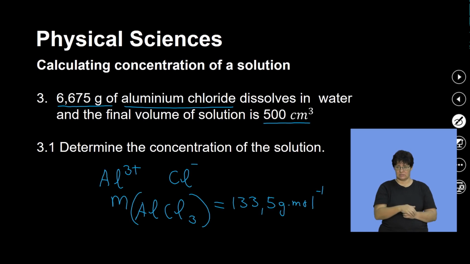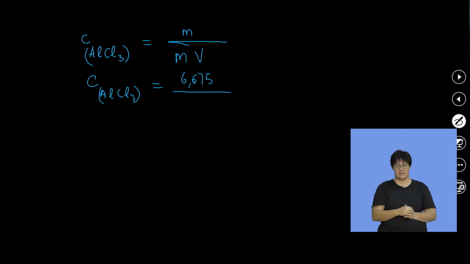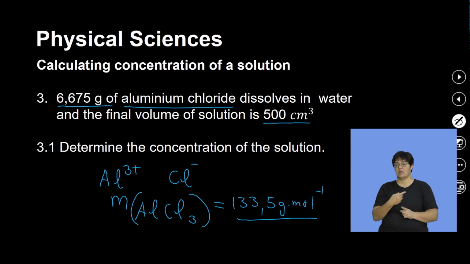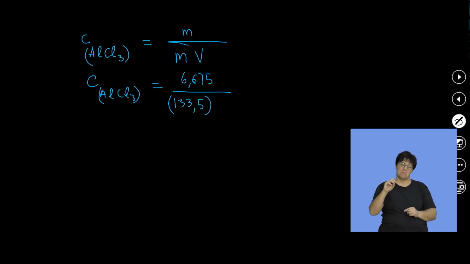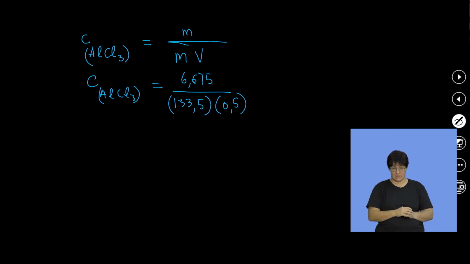We've understood that the molar mass is 133.5 grams per mole, which comes from the correct molecular formula, multiplied by the volume. The volume we were told is half a litre, which is 500 cubic centimetres. 500 cubic centimetres is the same as 0.5 cubic decimetres. So whatever concentration we get from this calculation will be in moles per cubic decimetre.